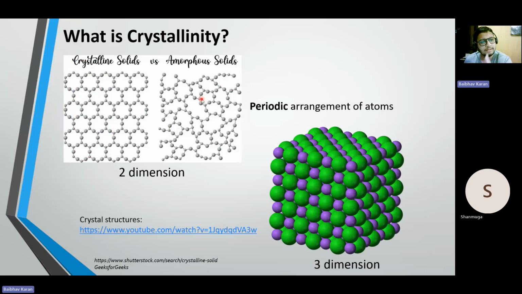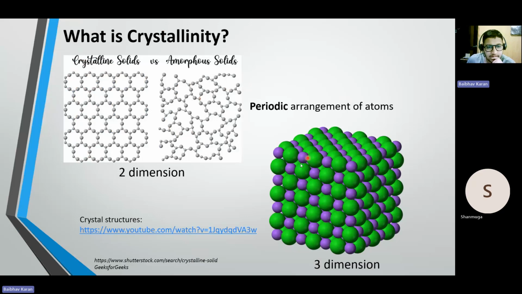And extending this to 3D: in 2D we have a regular arrangement of atoms in the x and y directions. And if we repeat this periodic arrangement in the z direction, we get a three-dimensional solid.